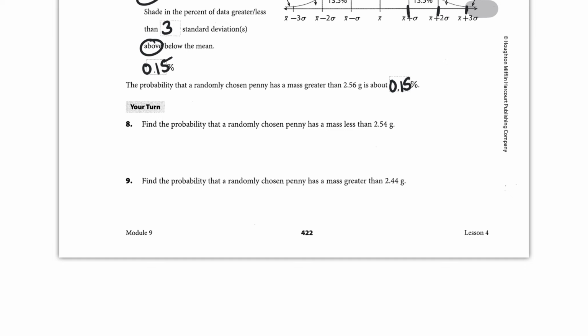Find the probability that a randomly chosen penny has a mass less than 2.54 grams.